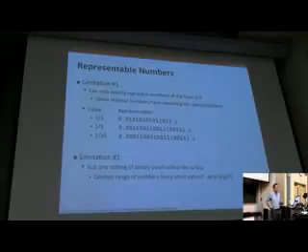Now the other problem we have is that there's only so many bits to the left and the right of the binary point. If we move the binary point to the left, then we can't represent as many large numbers.